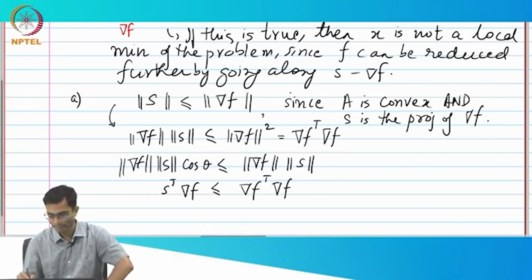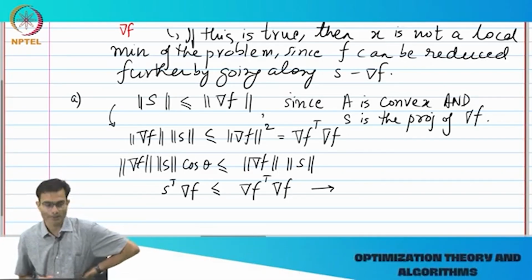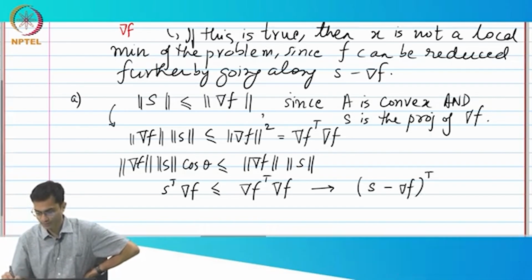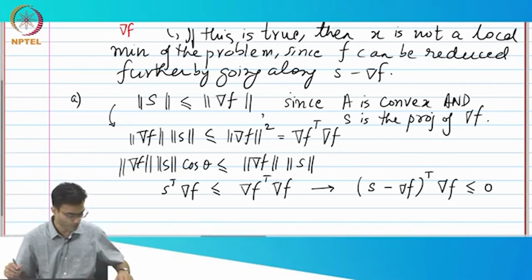So can I combine this now? I can take grad f common. What will I be left with? S minus grad f transpose grad f is less than or equal to 0.